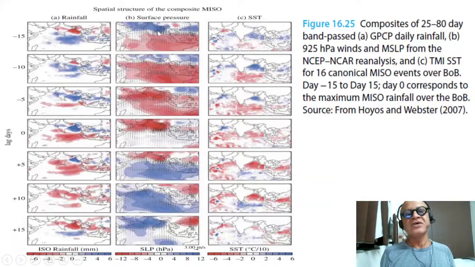SST, again, break period has colder SSTs over here, somewhat warmer SSTs, and then it flips sign. So you can see that there is rainfall here, a little bit of cold SSTs remaining, but warm, sorry, I should be careful. The negative signs here are positive SST anomalies.